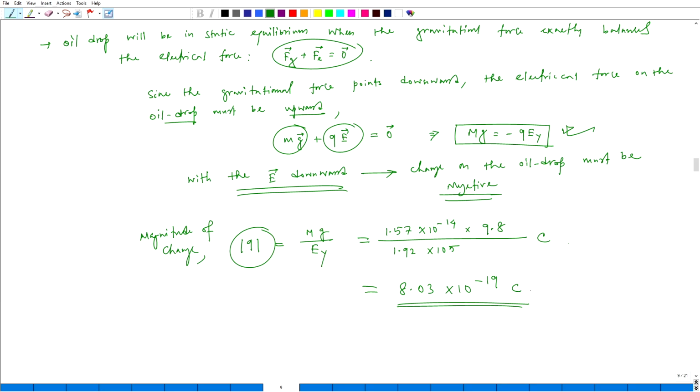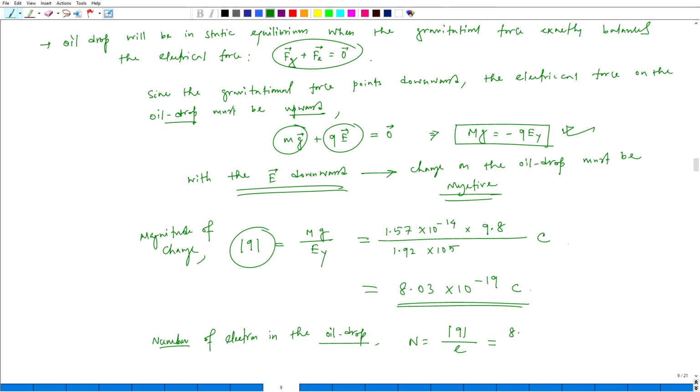So we divide by this to get the number of electrons n in the oil drop: n equals q by e, where e is the charge of an electron.